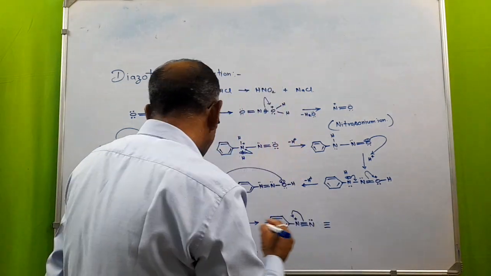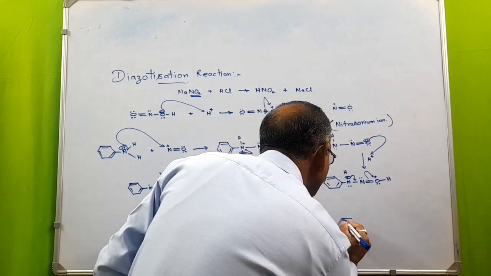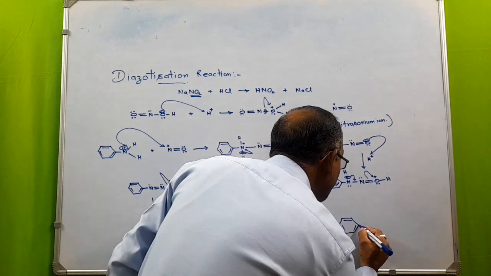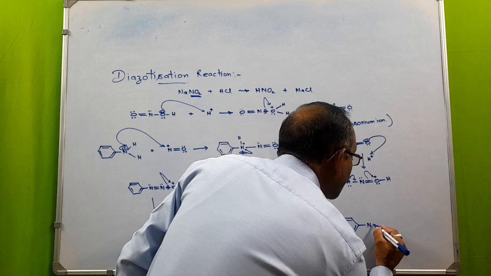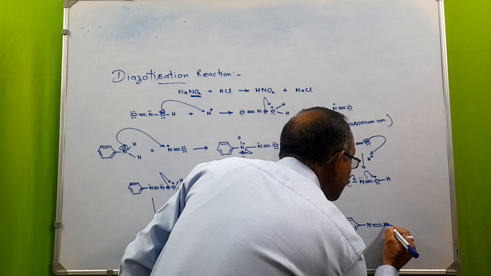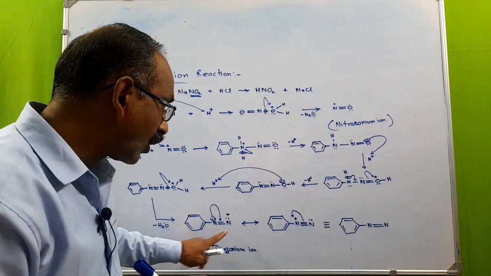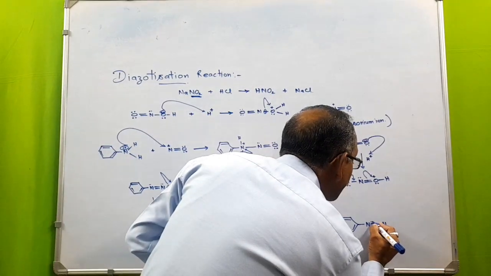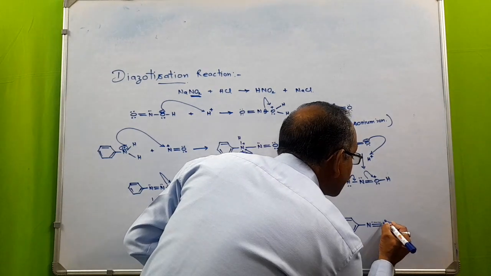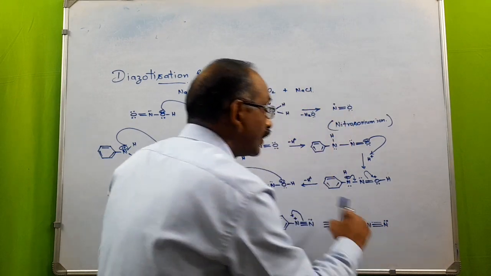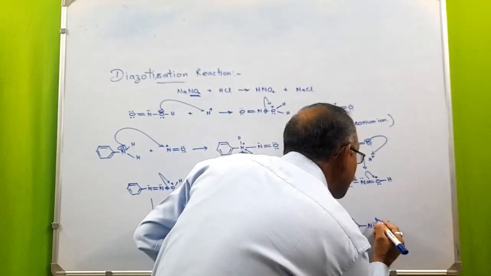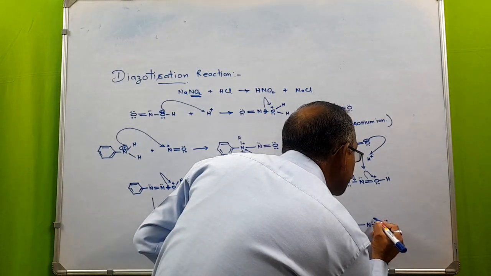The actual structure is none of these. Actually, in this diazonium ion, in between the two nitrogens, there is neither a double bond nor a triple bond. The bond in between the two nitrogens is in between the double and triple bond, and both the nitrogens have a positive charge.